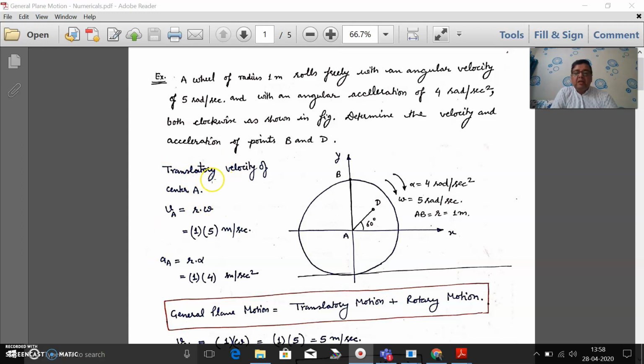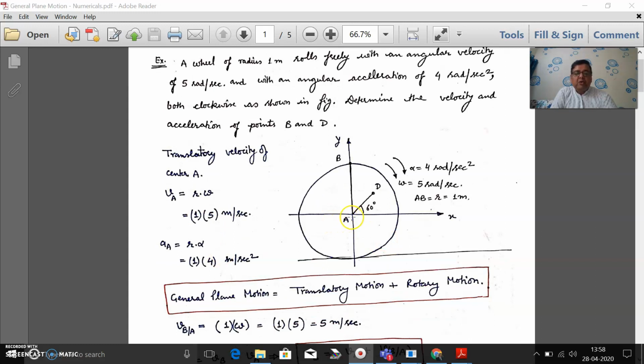We'll first solve for point B. If we do this exercise for point B, one point is very clear to me: for point A, if this plate moves in a general plane motion manner, then this center A will move along the x-axis in a linear way, and the velocity of point A, or VA, will be r into omega.